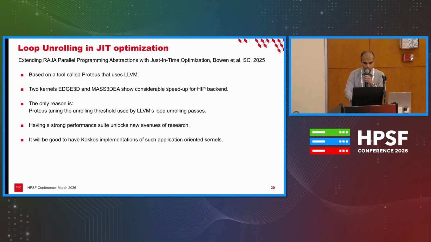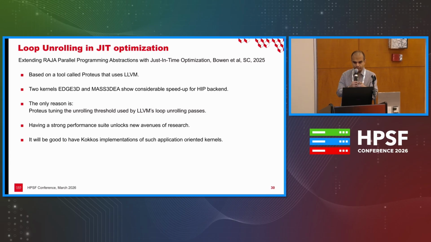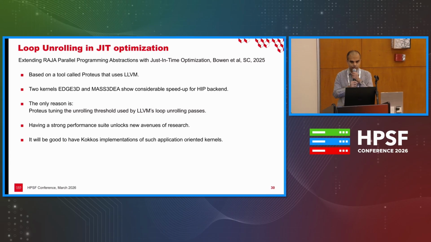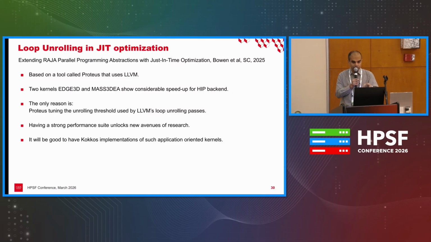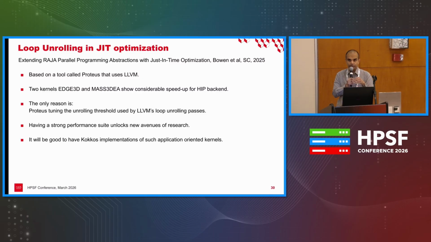One more small point about improving our benchmark suite. There is this paper which came out last year about just-in-time optimization in RAJA. If you see, they have these two test cases, Edge 3D and the next one. They achieved considerable improvement in performance purely by loop unrolling, by tuning one loop unrolling threshold which is used by an LLVM loop unrolling pass inside.